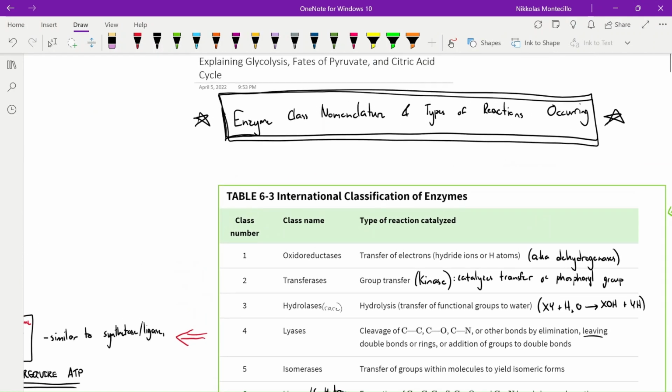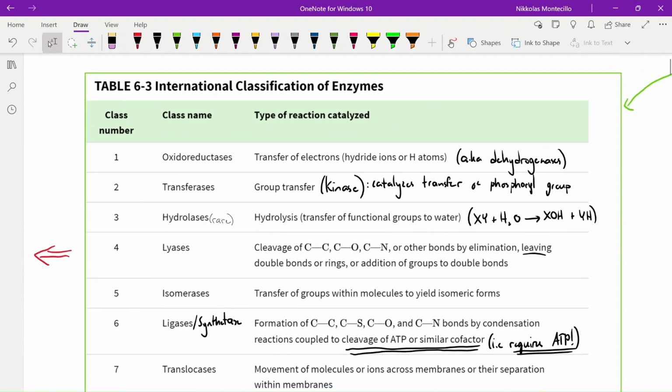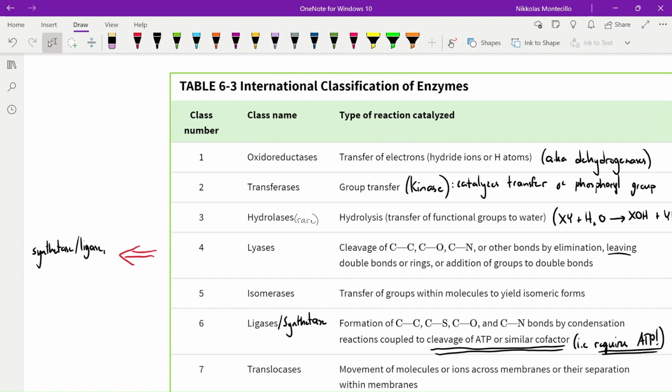We can now take a look at enzyme class nomenclature and the types of reactions occurring in cellular respiration. The first enzyme class we're going to take a look at is oxidoreductases. Remember, in the previous video on electron carriers, what facilitates redox reactions, or the transfer of electrons, are oxidoreductases or dehydrogenases, enzymes that facilitate the transfer of electrons.